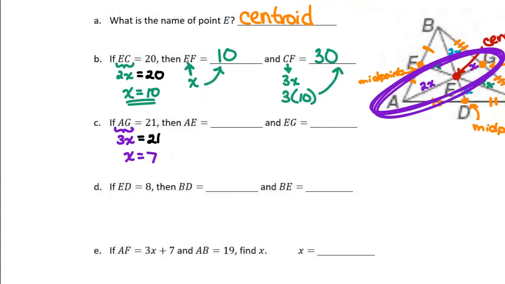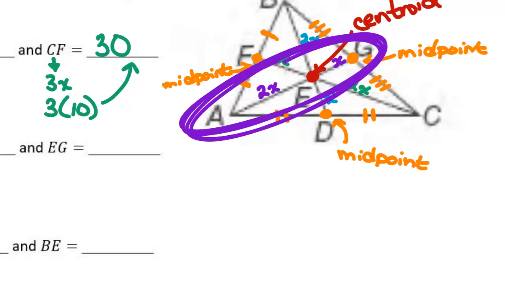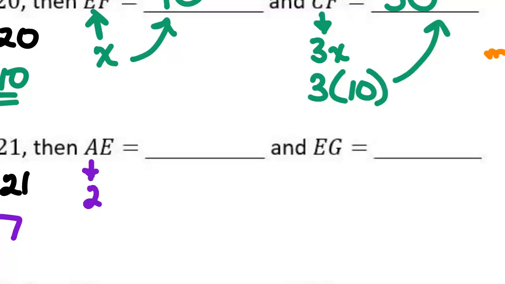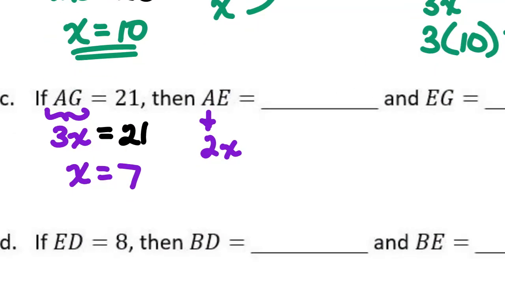X is 7. So then AE, is AE 1x, 2x, or 3x? 2x. And for this median, x is how much? 7. So what is 2 times 7? 14.